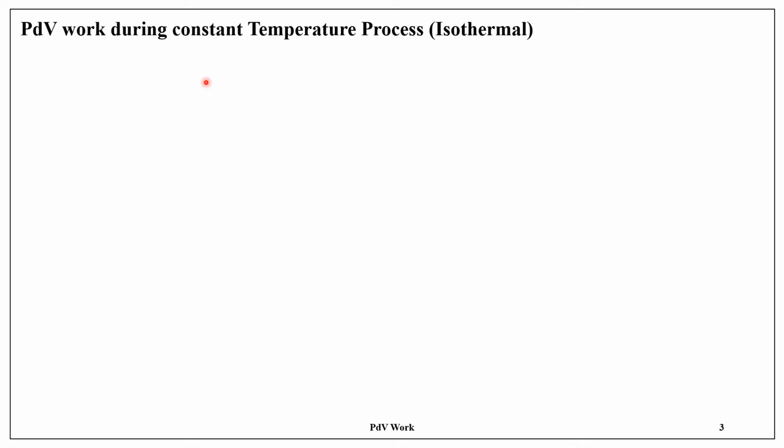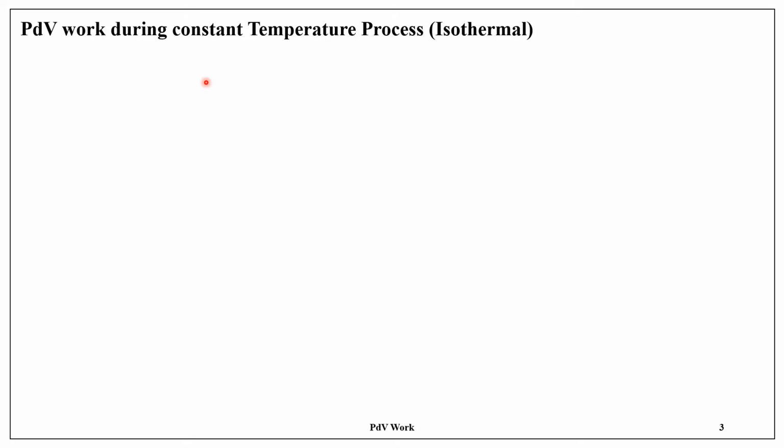Now we will derive an expression for PdV work during constant temperature process, which is also called as an isothermal process. Remember, one needs to know the relation between pressure and volume in order to integrate PdV.